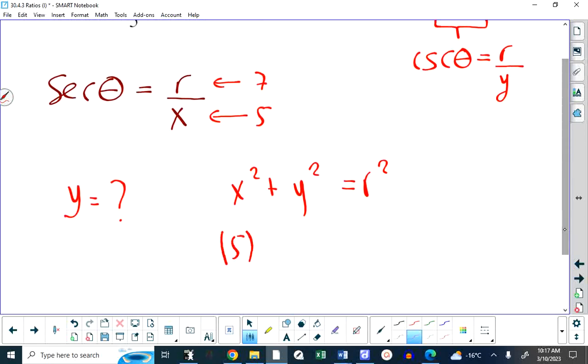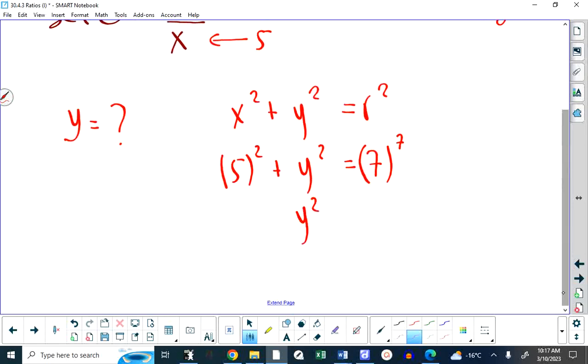X is 5. R is 7. By my count, when I take 7 squared minus 5 squared, I get 24. So y squared equals 24. Y equals root 24.